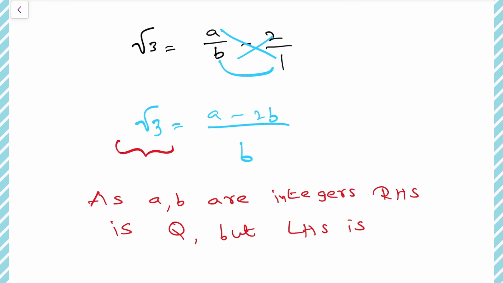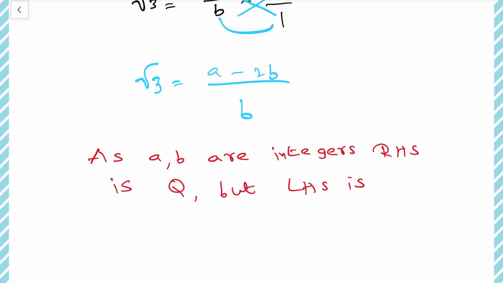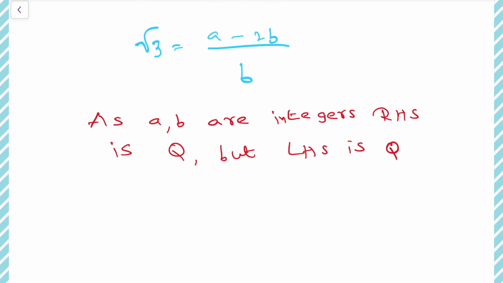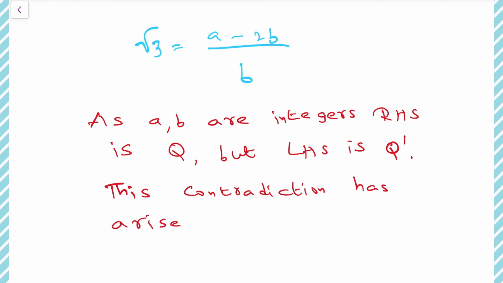Root 3 is an irrational number, so LHS is irrational. This contradiction has arisen due to our wrong assumption.